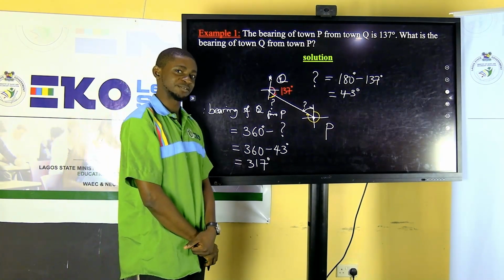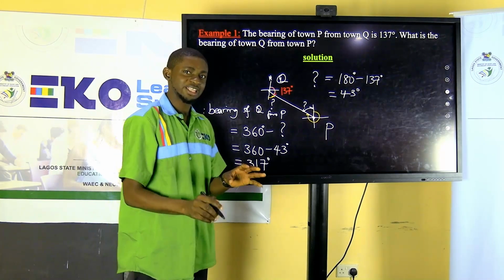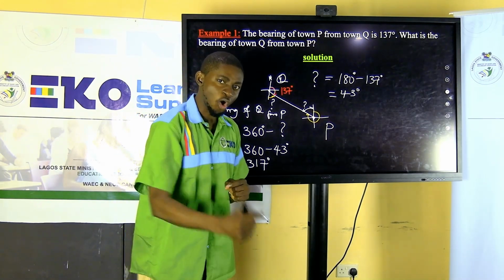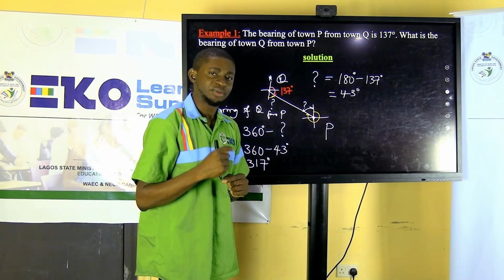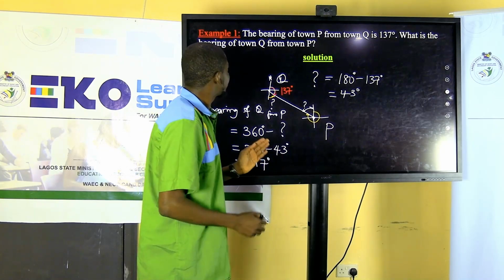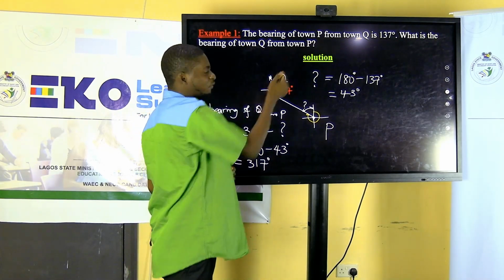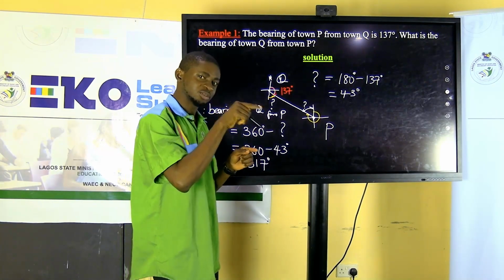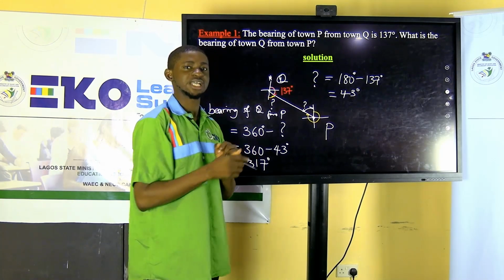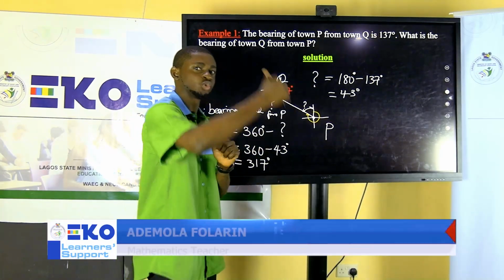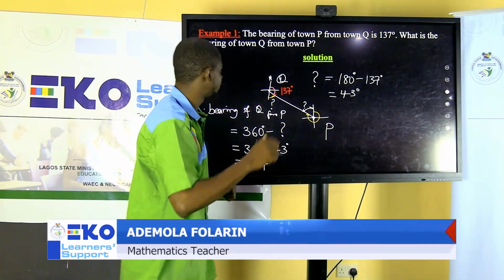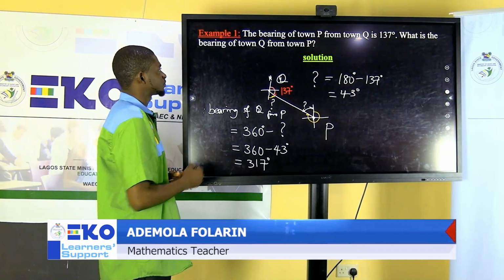Isn't that interesting? Good. So learn that when they say bearing of and bearing from, the bearing of town P from town Q, from where it is, that is your starting point, referring to your of. Very good. So let's take another one.